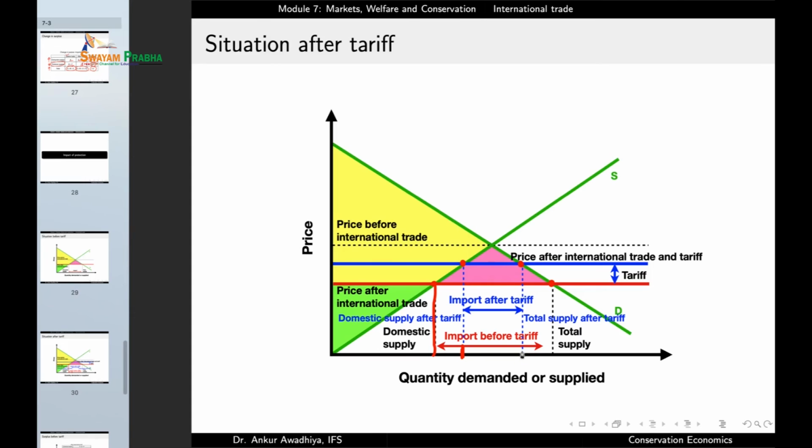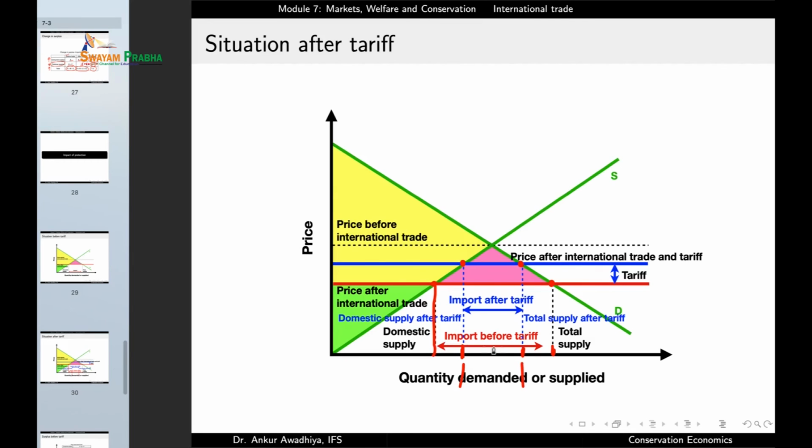So there is a decrease in the total supply. Earlier total supply was this much, now it is this much. And the difference between the domestic supply and the total supply will give us the amount of import.